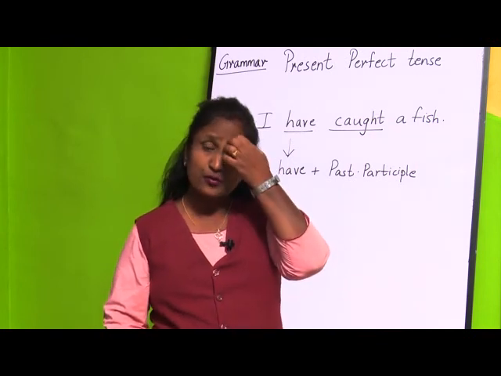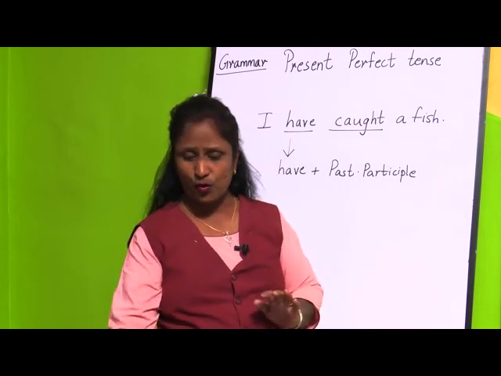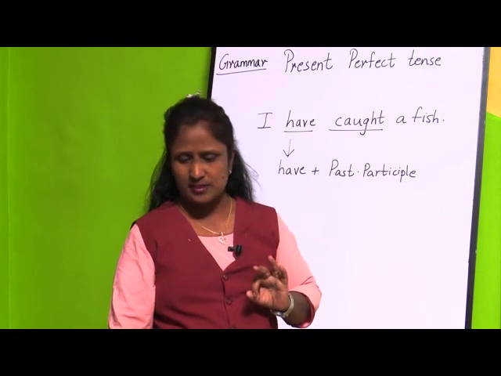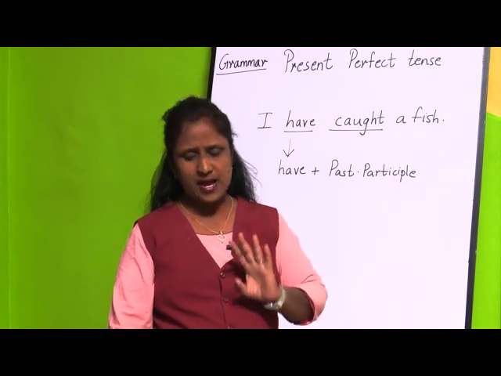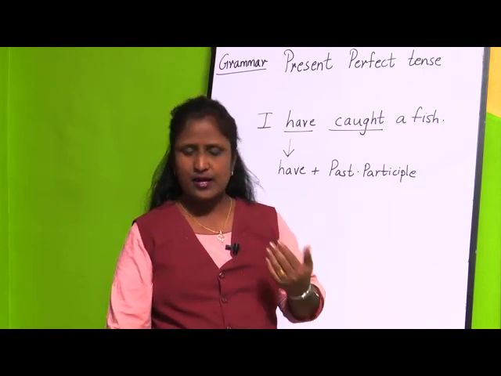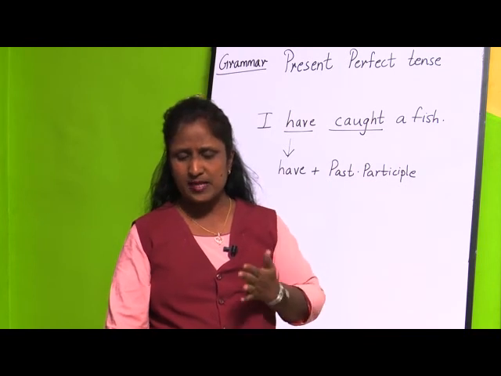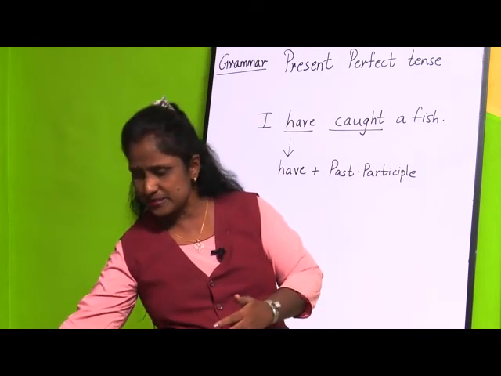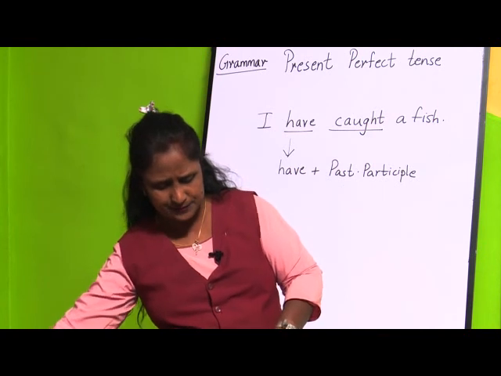Now, we are going to see how to form it. There are three major forms: present tense, past tense and past participle, and we will see how we form the past and past participle forms.